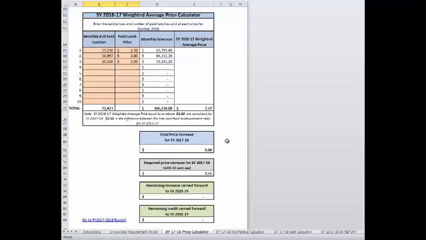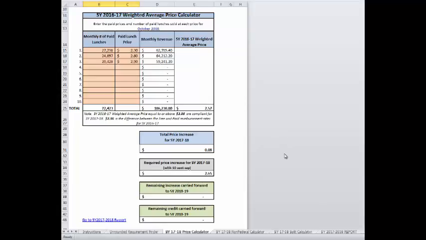Let's assume this information is accurate and that this sponsor's weighted average price for 16-17 is $2.57. That means the sponsor needs to increase its weighted average price by 8 cents to meet the requirement. But let's assume this sponsor doesn't want to adjust its prices for whatever reason and would rather contribute non-federal funds.